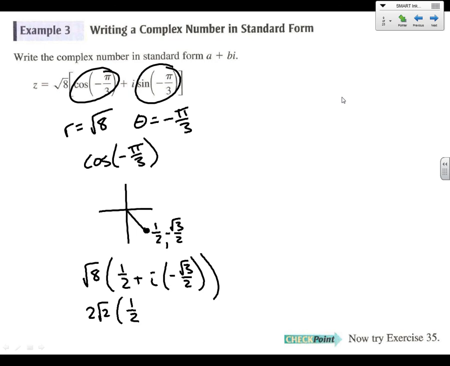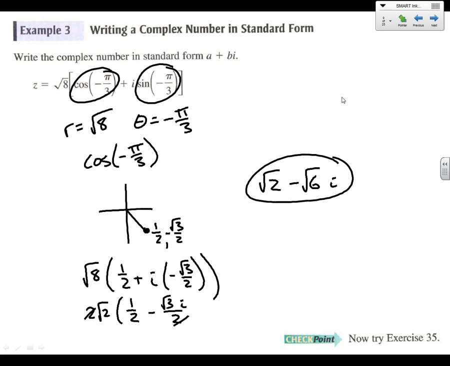So the 2's will cancel there, and we end up with just root 2. And then we've got minus root 3i over 2. Here again, the 2's cancel, and root 2 times root 3 is root 6i. So our real number is root 2. Our imaginary number is negative root 6.